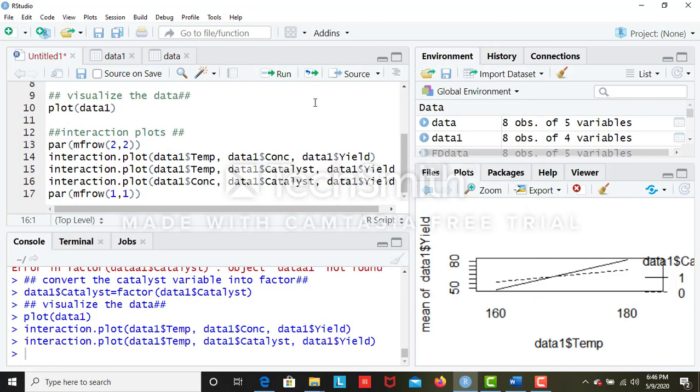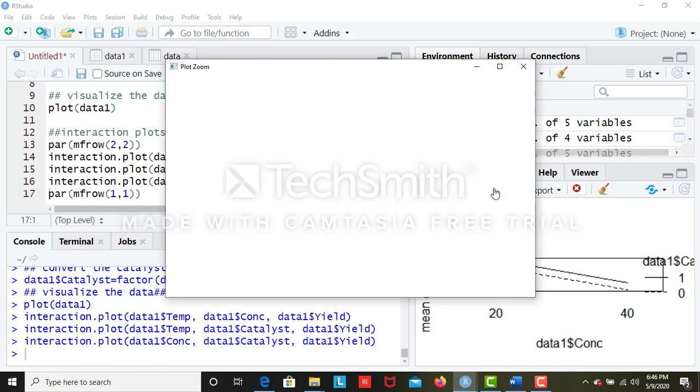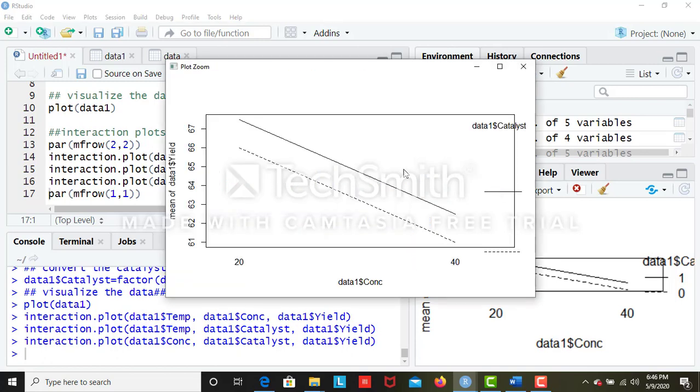The next interaction plot would be this one right here, concentration and catalyst. They do not interact. As a result, there's no interaction effect between concentration and catalyst affecting yield. So we wouldn't have to bother about concentration and catalyst interacting.